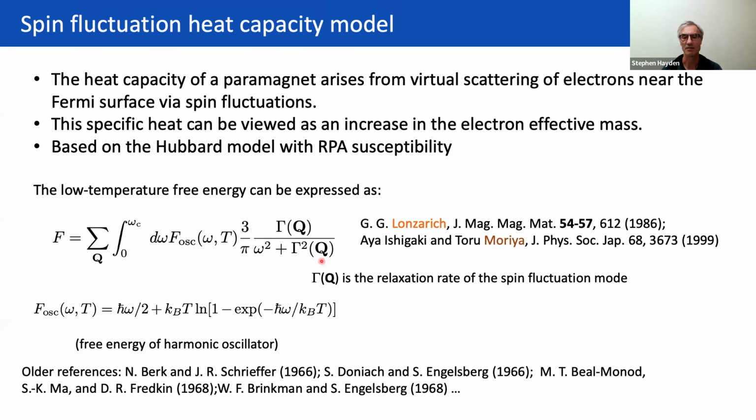What we need to put into this expression is this gamma, the relaxation rate of the spin fluctuations. The RPA theory calculates this, and we're inserting the experimental value, interpreting our data as the RPA susceptibility. That gives you the free energy in this expression, where this thing here is the free energy of a harmonic oscillator. You can use this to evaluate the heat capacity.